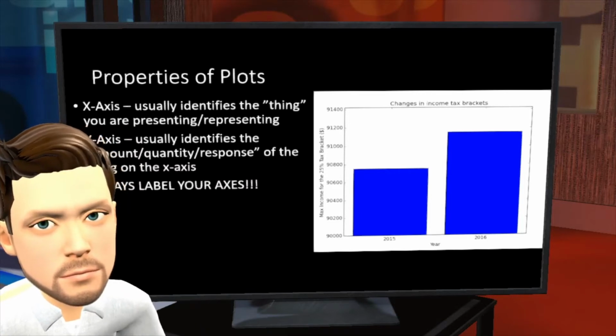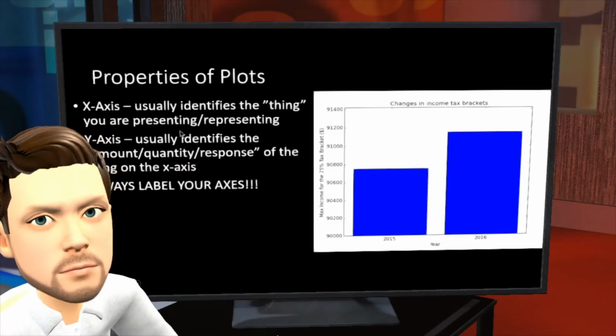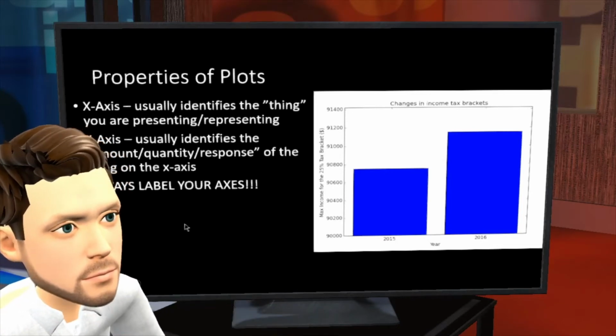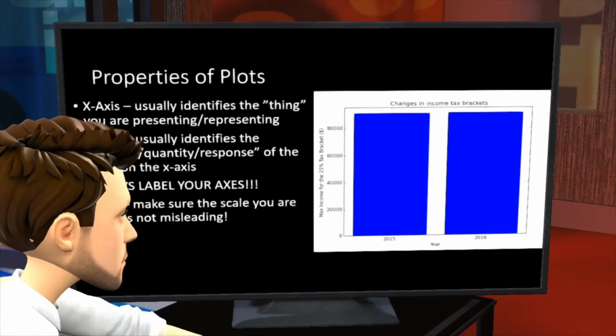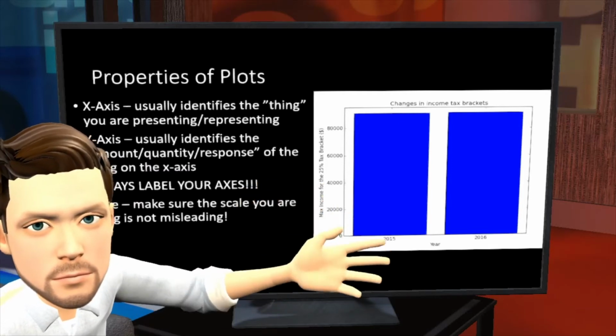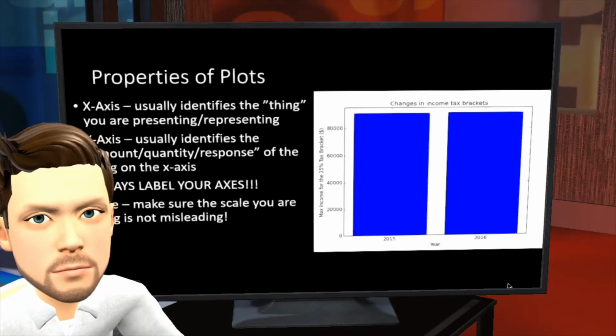Now, another property that you need to take into consideration very seriously when plotting data isn't just what your axes are, but also the scale of your axis. Now, that looked like it was such a really big difference between 2015 and 2016. Somebody's messing around with their numbers. But that's not really the case.